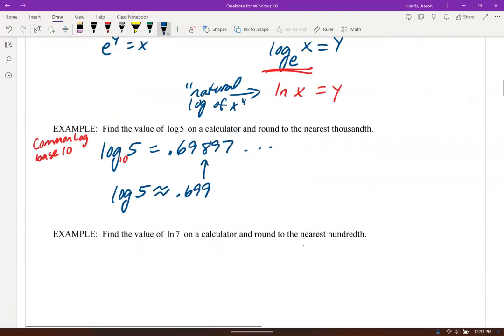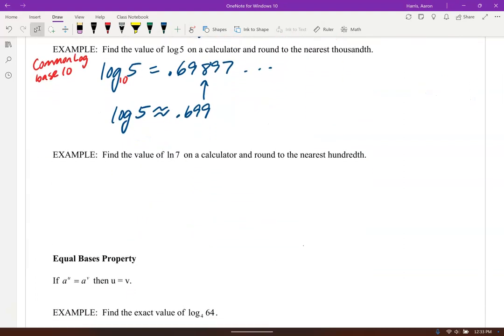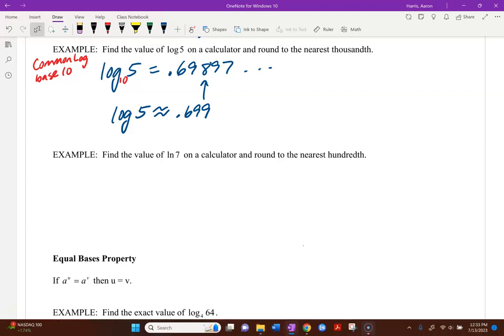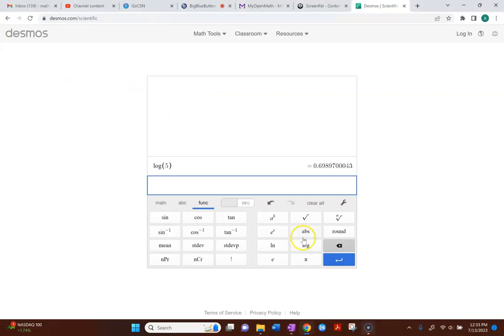Let's do natural log of 7 now on our calculator. So we go back. Now let's go ln of 7, natural log of 7. Again, that's log base e. So you go to functions there, see the ln, and you punch in the 7. And by the way, you can just do ln, and it'll pick it up.